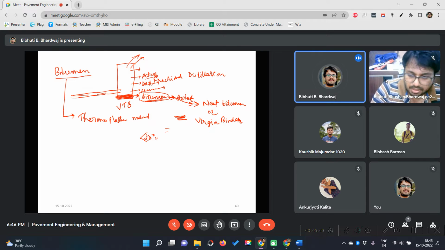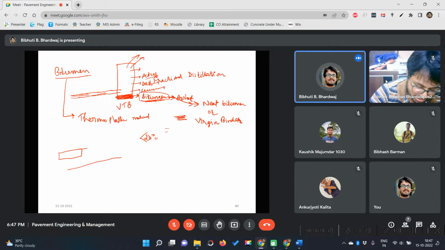But as Kaushik earlier mentioned, this bitumen can be modified, based on your requirements. Nowadays, because of expressways and all, the bitumen has to be more ductile. I think you have performed the ductility test on bitumen, where bitumen is stretched like a thread.